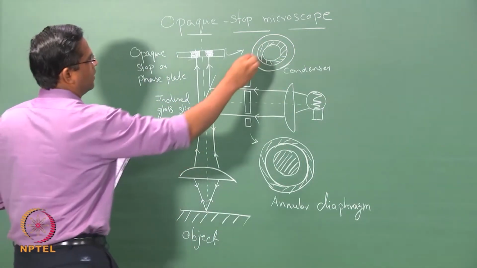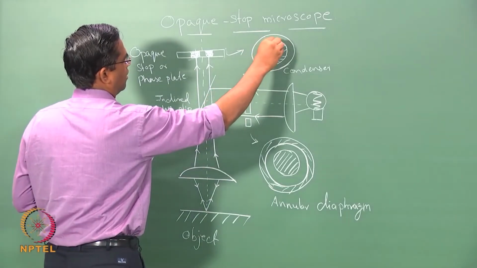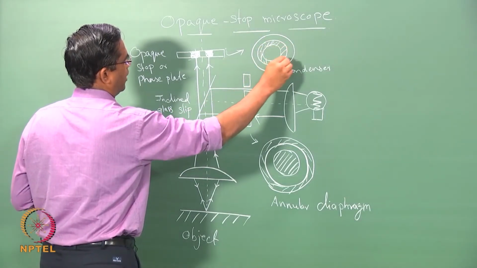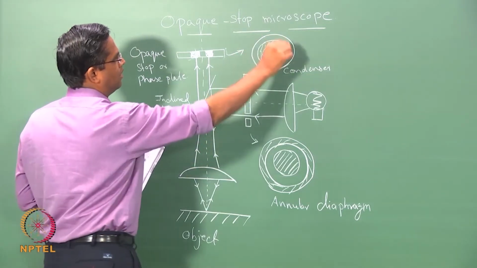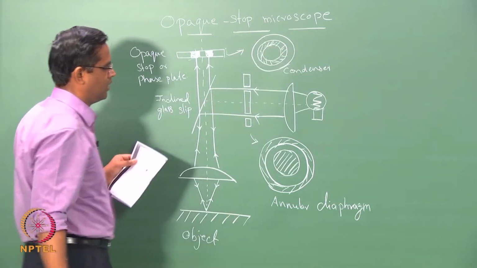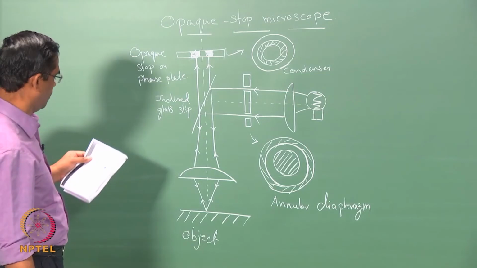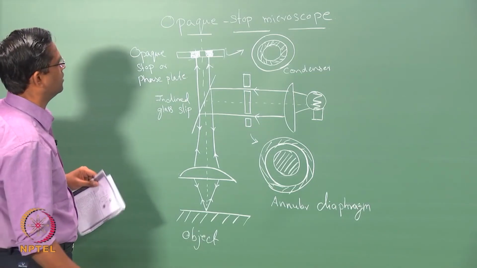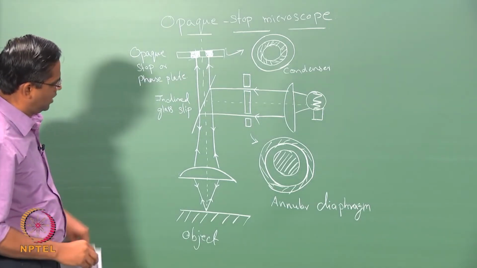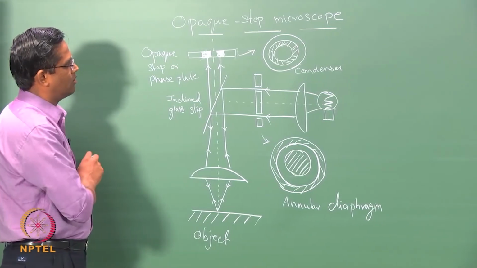So this will be the opaque annular part, and this is a disk. So this is the ray diagram for this opaque stop microscope.